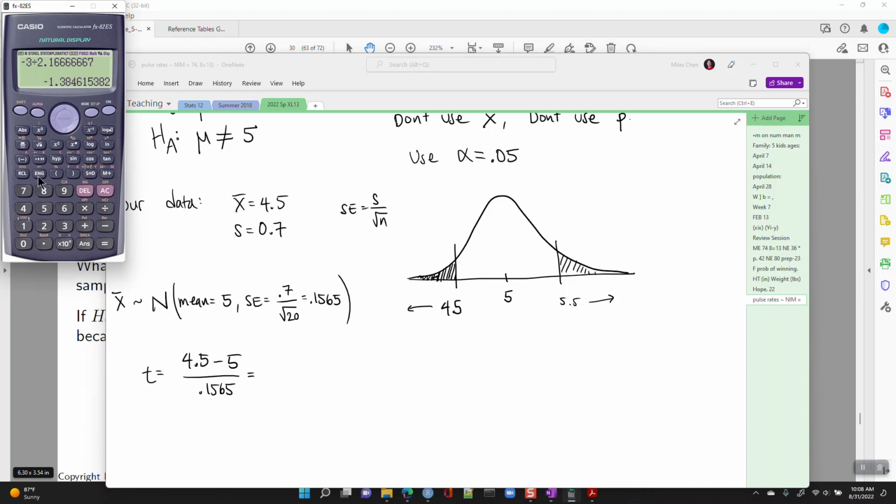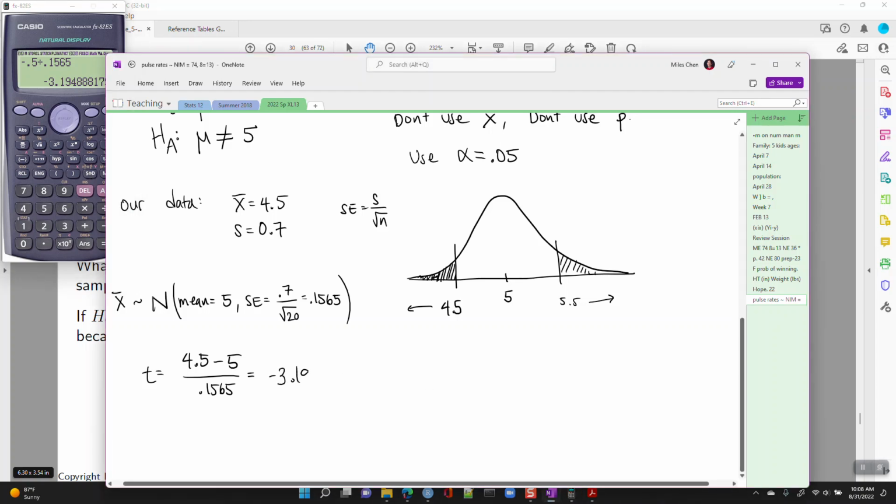In the numerator I have negative 0.5 divided by 0.1565. I get negative 3.19. Okay, t is equal to negative 3.19.